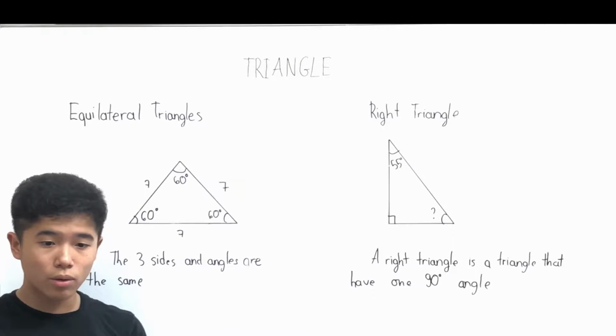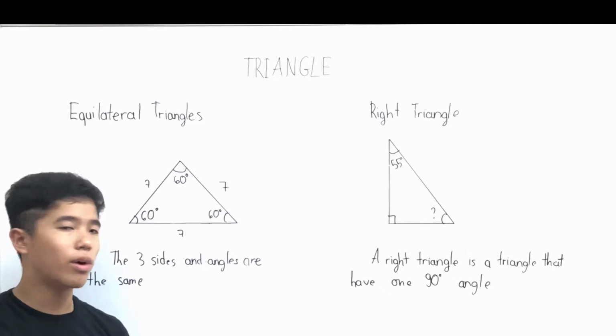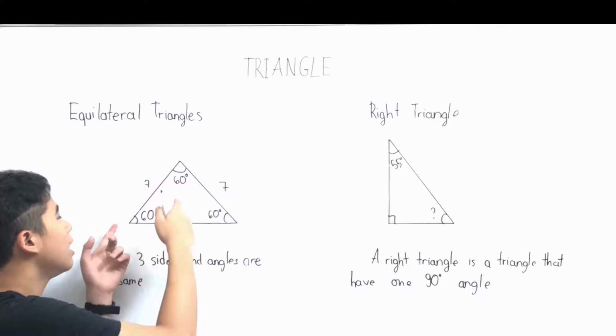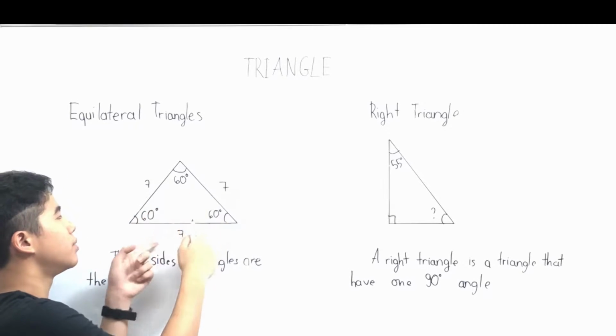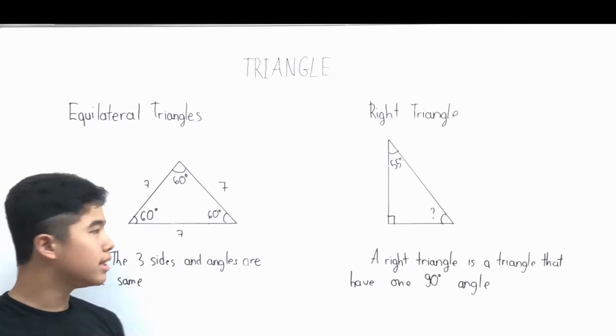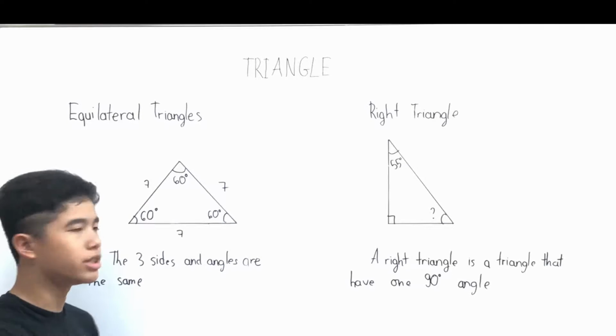So it's also a triangle, because all the angles add up to 180 degrees. And because the angles opposite the three sides are equal to each other, that means that the sides must be equal to each other also.